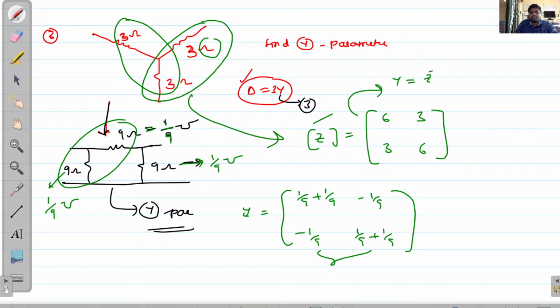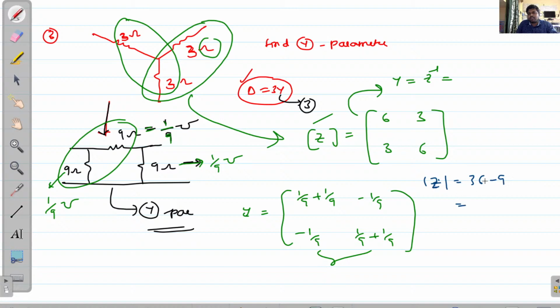Y equals Z inverse. In that case, Z inverse is nothing but what? First you can find the adjoint matrix. After that you can take the mod of this Z. Okay, mod of this Z, what you will get? Mod Z equals 36 minus 9.